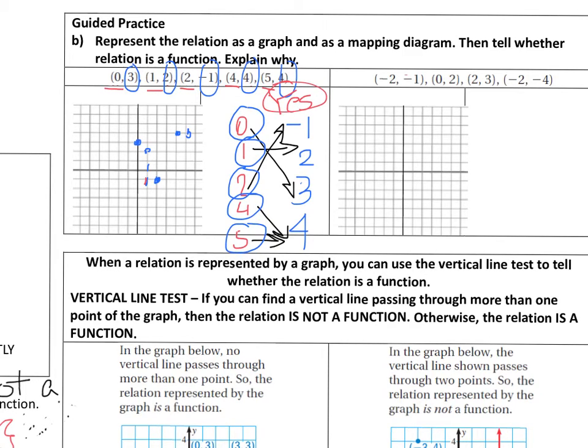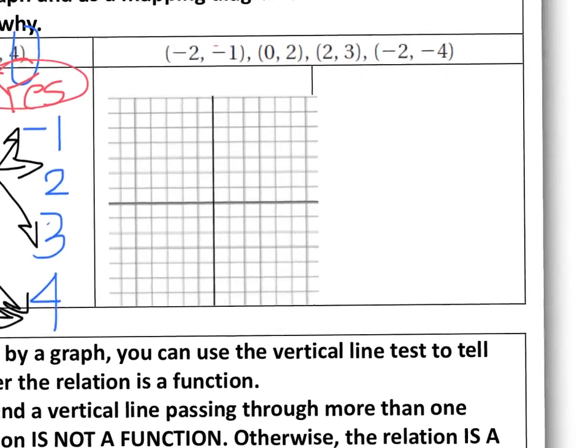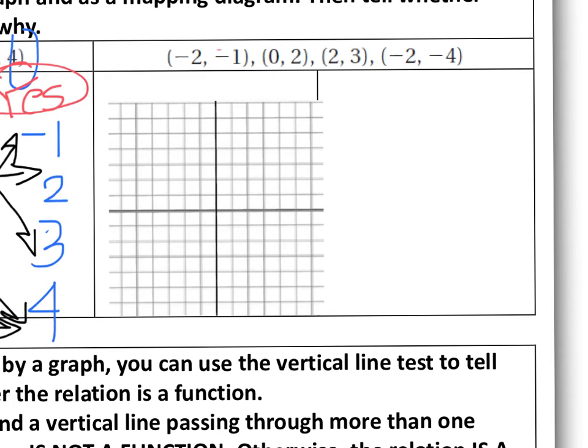And then on the next one, I have to make it bigger. We have the points negative 2, negative 1, 0, 2, 2, 3, and then negative 2, negative 4.